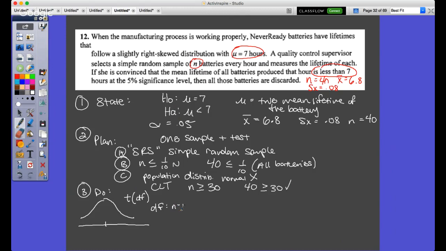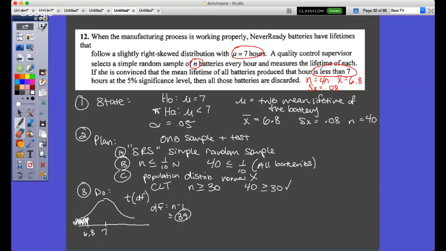So this is 40 minus 1, which is 39. The center is at 7, and our 6.8 is to the left side, which is our mean. Based on the alternative, this would be shaded to the left at 6.8.